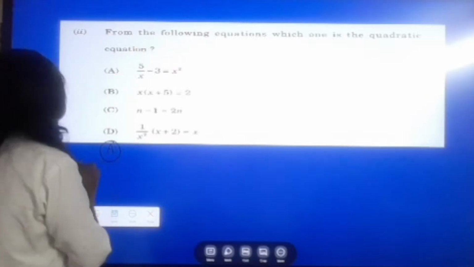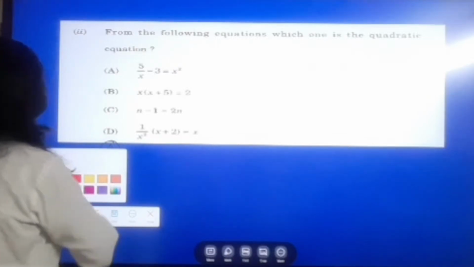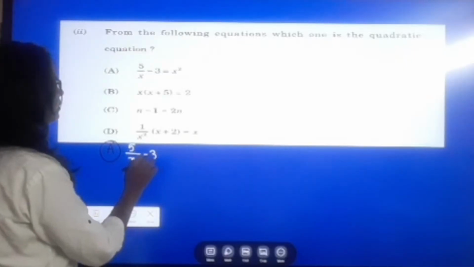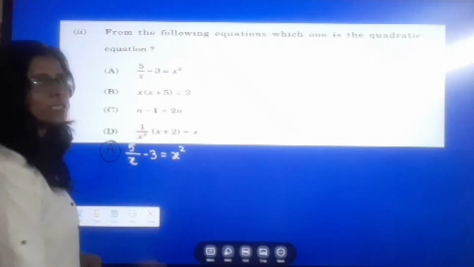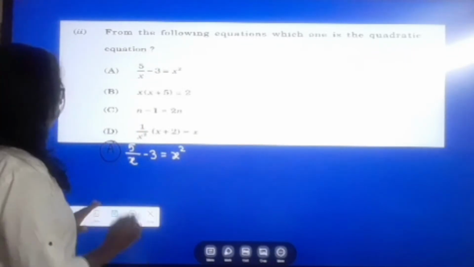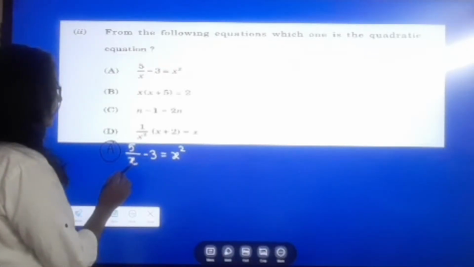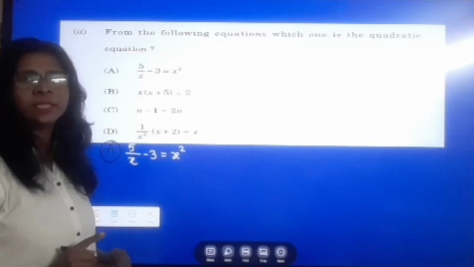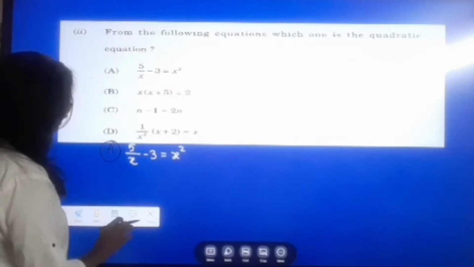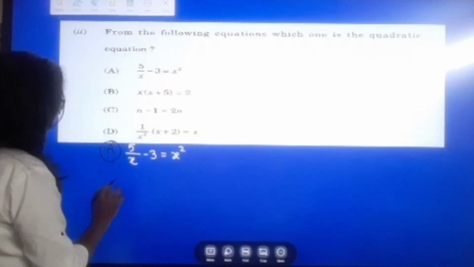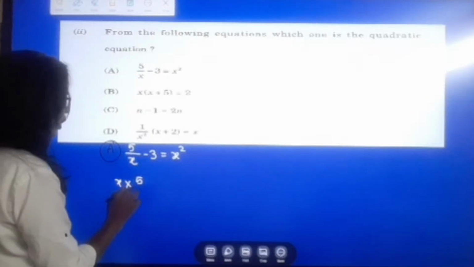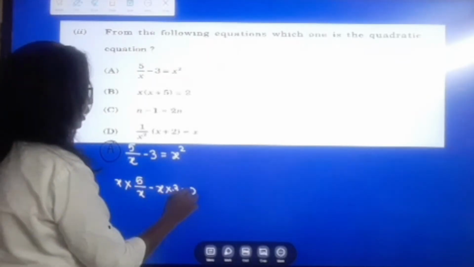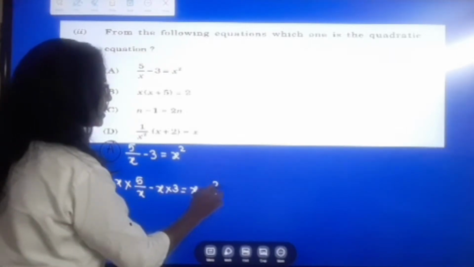The first option is 5 upon x minus 3 is equal to x square. At the denominator there is x, so I multiply each and every term by x. So x multiplied by 5 upon x minus x multiplied by 3 is equal to x multiplied by x square.